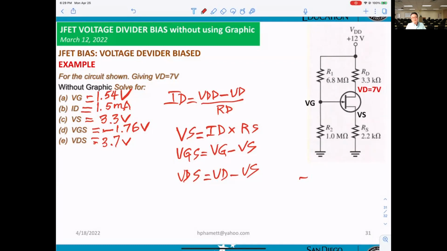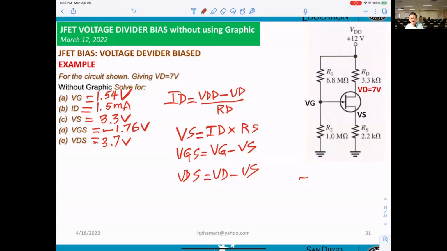The first one is fixed bias, or gate bias. The second one is self bias. The next one is voltage divider bias. So when you're looking at the circuitry, you must recognize what type of bias it is: fixed bias, self bias, or voltage divider bias.